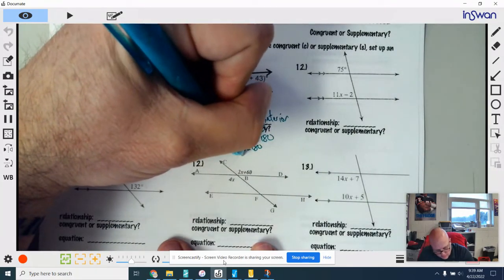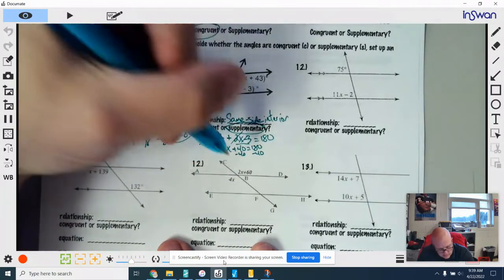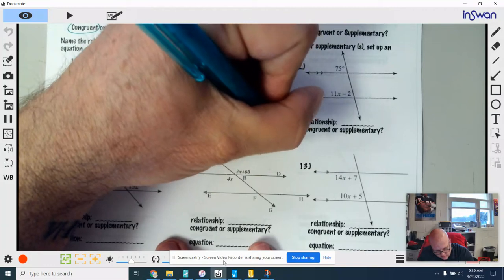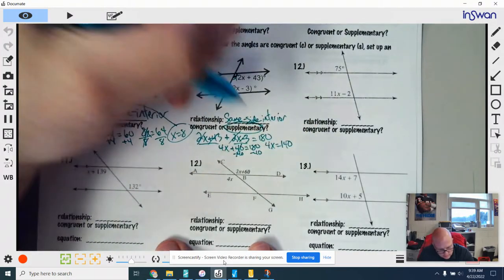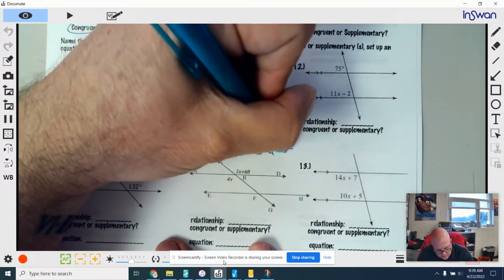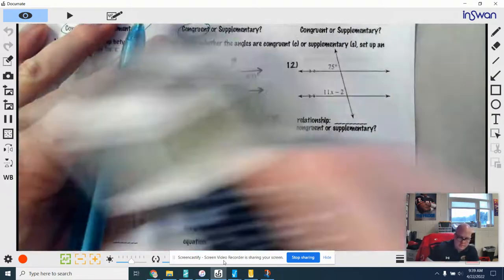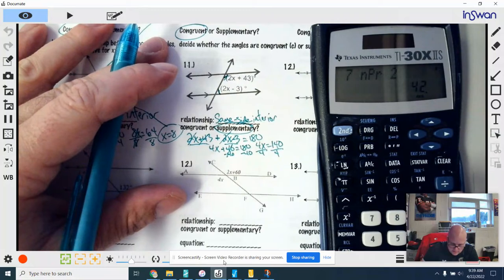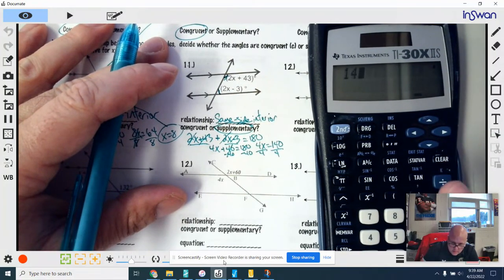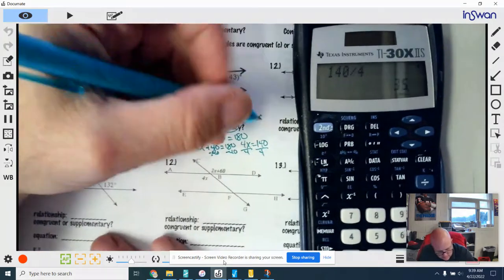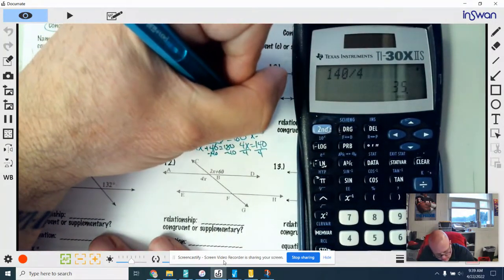So then I'm going to subtract 40, cancels. We get 4x is equal to 140. And then we're going to divide by 4. So 140 divided by 4. And notice we get an answer of 35. So x is equal to 35.